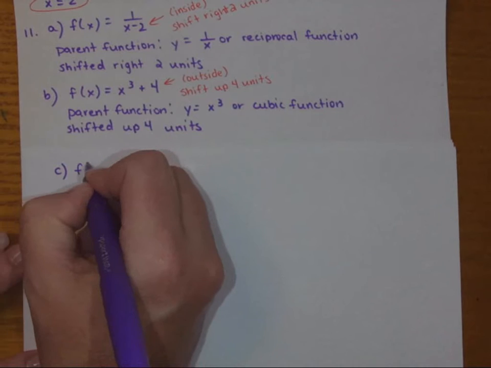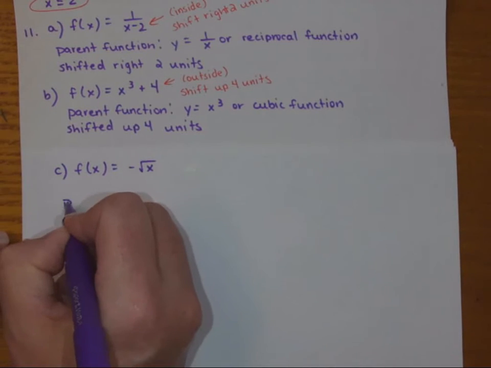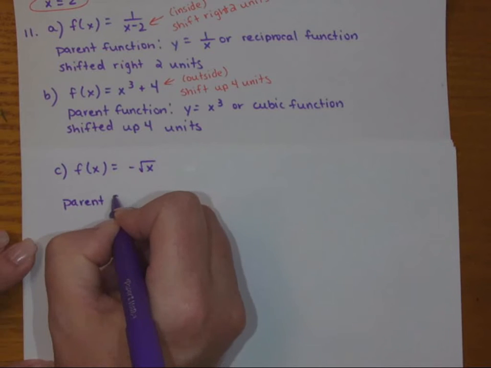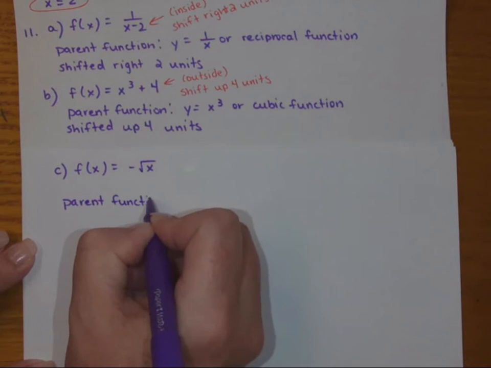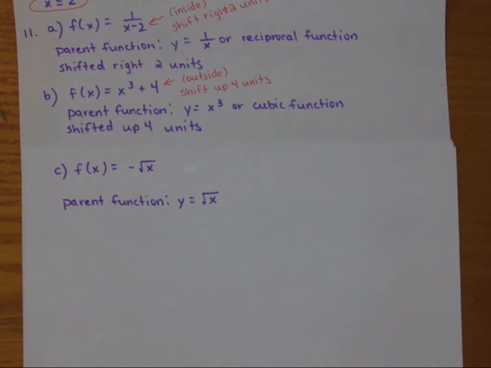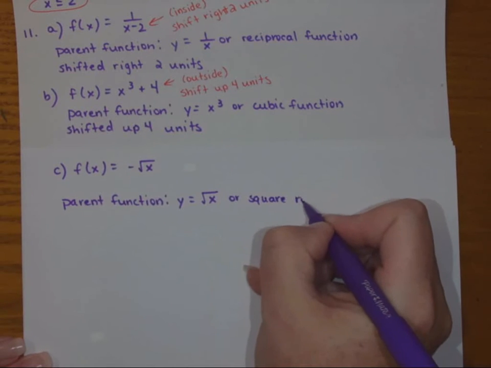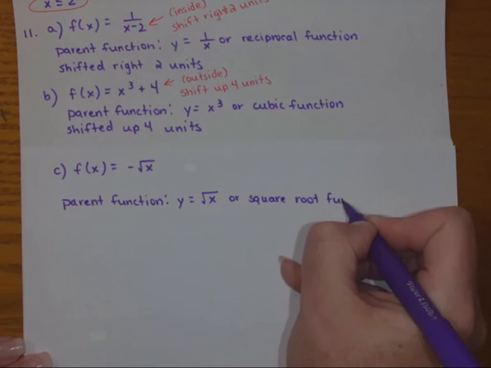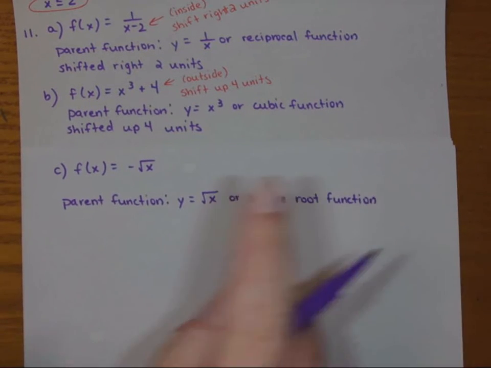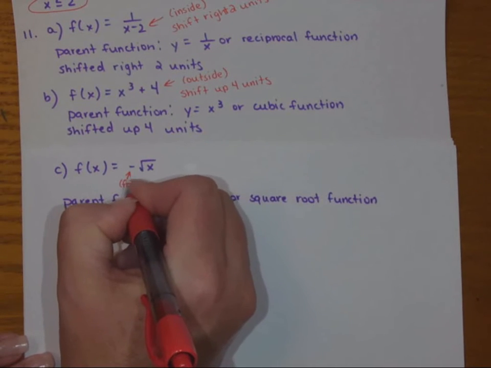So we have f of x equals negative square root of x. Okay, so first of all, the parent function, in other words, the simplest form of this version of an equation, would be just plain old y equals square root of x, okay, or the square root function. And there's a negative sign in the front, so notice how this is in the front.